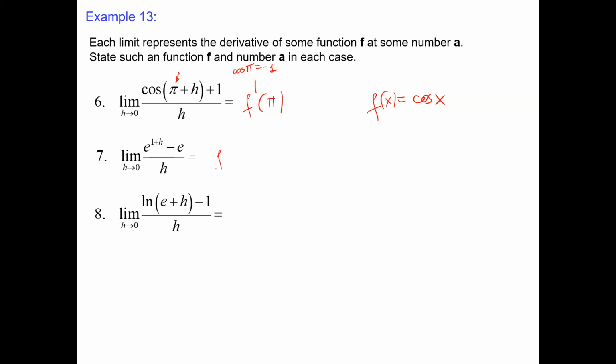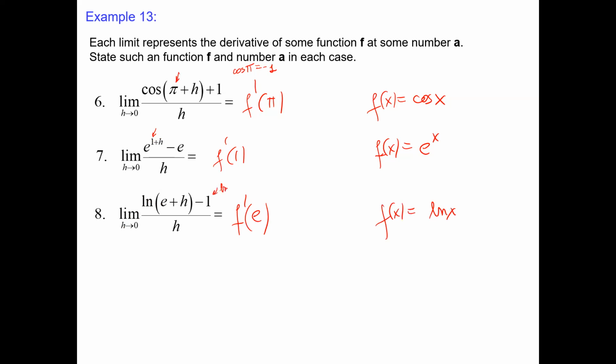Okay, now this is the derivative at 1, because it's a plus h, e to the power of x. X is replaced with a plus h, and a is 1. This limit, h goes to 0, of natural log of e plus h minus 1 over h represents the derivative at e. And the function is natural log of x.